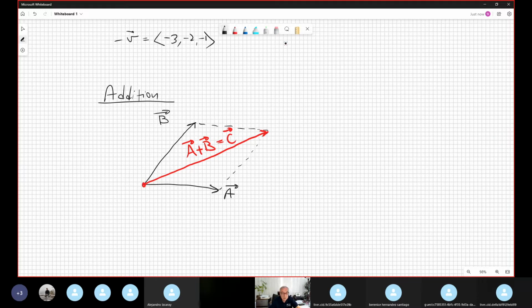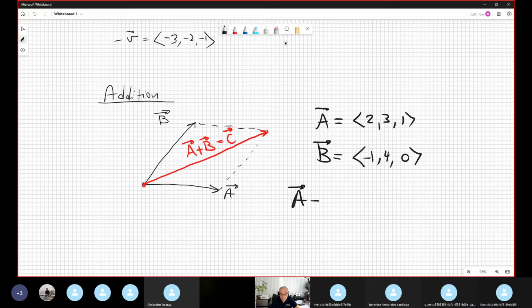Algebraically, well, let's do it. Suppose the vector A is the vector 2, 3, 1. Suppose the vector B is the vector -1, 4, and 0. And the vector A plus B, I want to call C. You add component by component: 2 minus 1 is 1, 3 plus 4 is 7, and 1 plus 0 is 1, sorry.